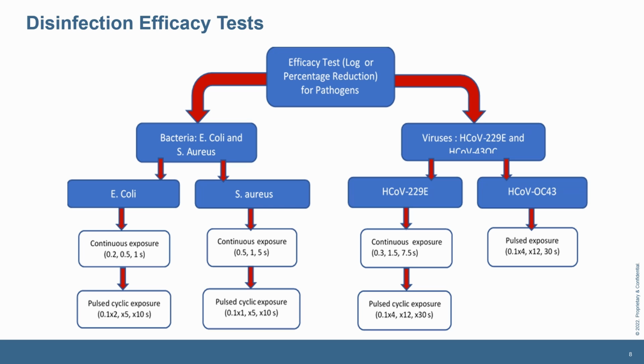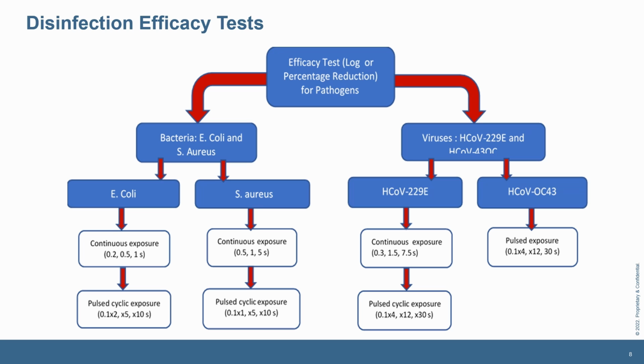This flow chart shows all the tests were conducted under two modes, continuous and pause cyclic. Continuous mode is easily understood: the UVC LED does not stop after it is turned on. The pause cyclic mode means the UVC LED turns on for 0.1 second and then turns off for 1 minute to finish one cycle.